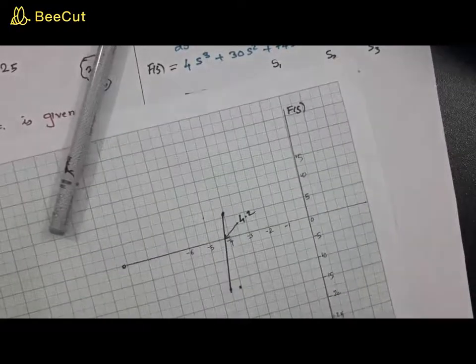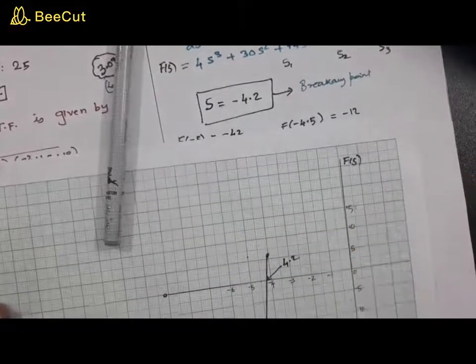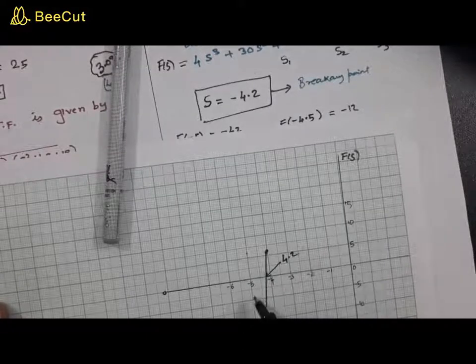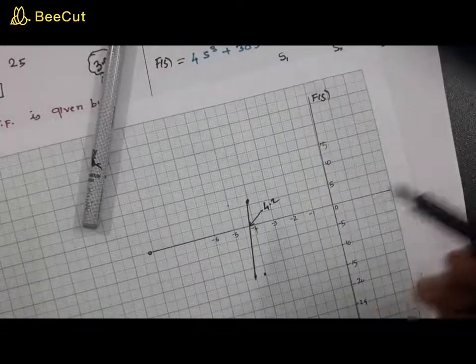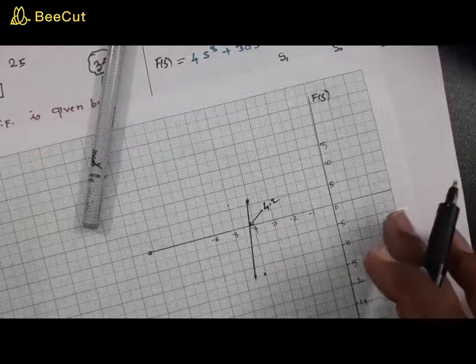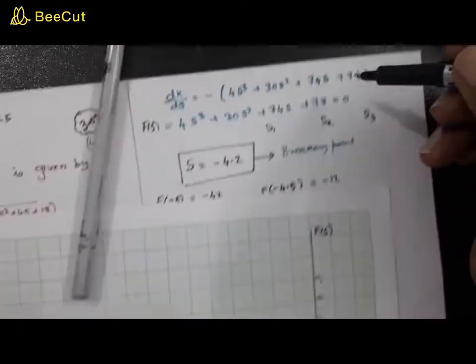So this is how you can find it. What's the meaning of this? This f of s has many values, and f of s will be crossing at this point, and there can be other points that can be positive or any values greater than all these things. So this is how you can find out if there is any difficulty in evaluating.